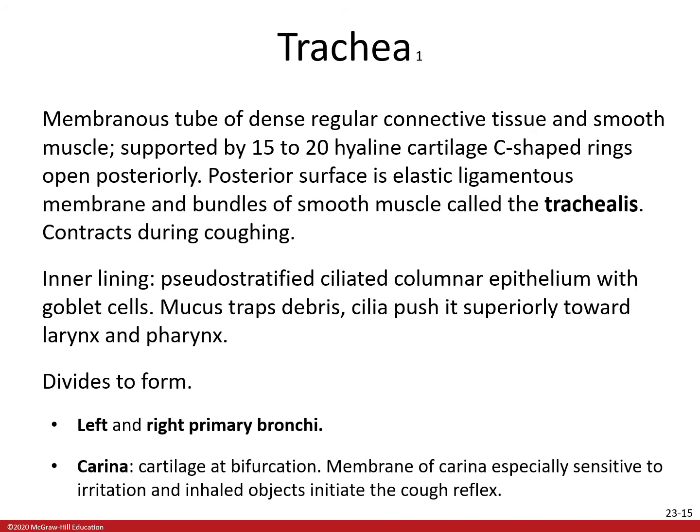Remember, we looked at these on the models as well as in that little histology sliced area, right? So it is going to be this C-shaped ring that is open in the back. But again, the purpose of these is to hold open the trachea so that air can always pass through, unlike the esophagus, which can collapse.